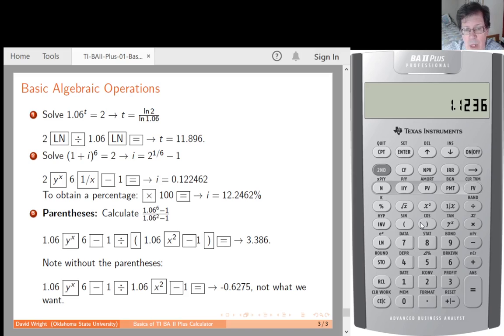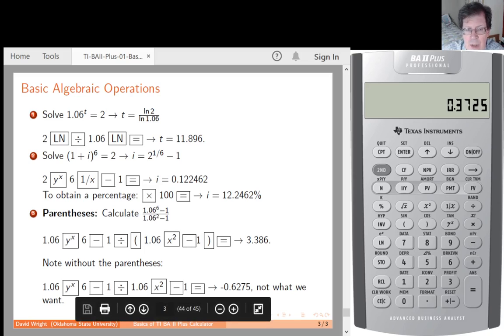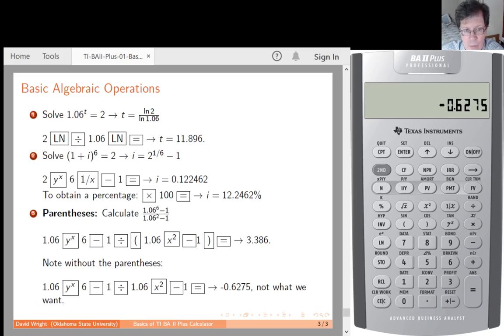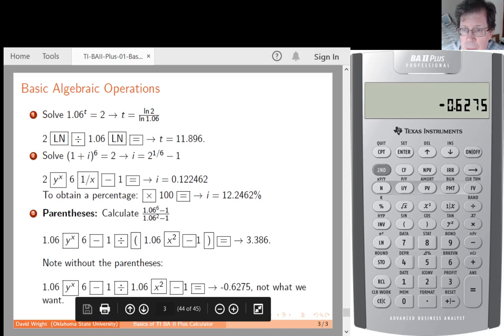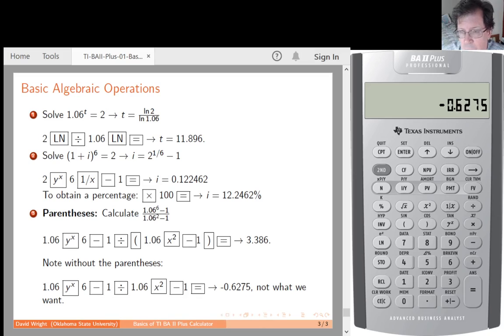Okay, that's correct. But as soon as I hit minus, it did the division. So that was wrong, because we don't want to do the division until after the minus. So if I say 1 and then equals, I end up getting a negative number, which is not what we wanted for this expression. So you're going to have to imagine where the parentheses are put in place in order to have the chain system correctly calculate your expression.